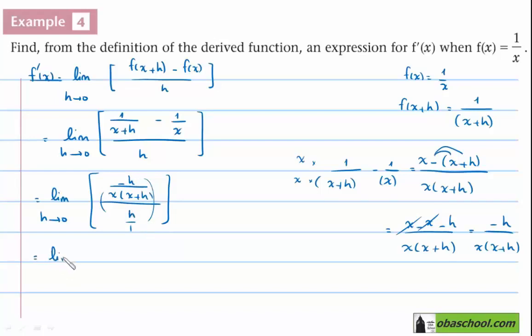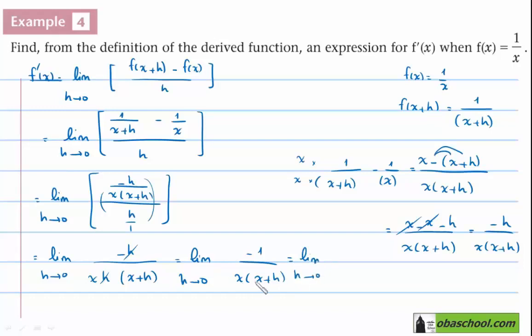It will be minus h multiplied by 1 is minus h, divided by x multiplied by x plus h multiplied by h. Then we can see now that h is common in the numerator and the denominator, so the remaining is the limit as h tends to 0 of minus 1 divided by x multiplied by x plus h.